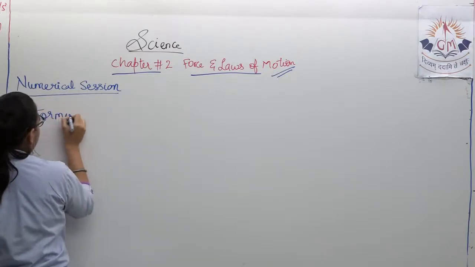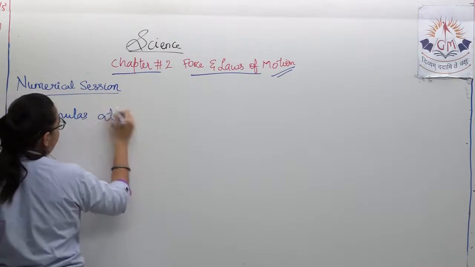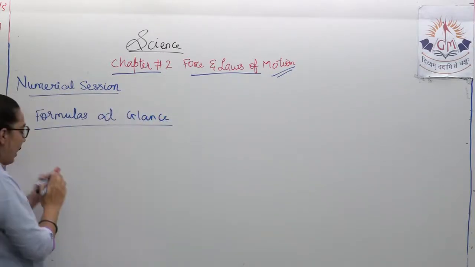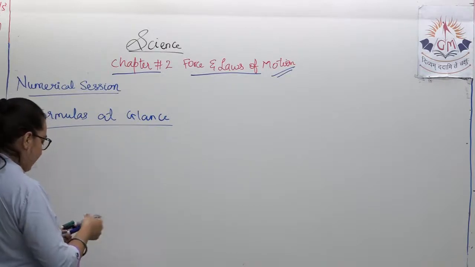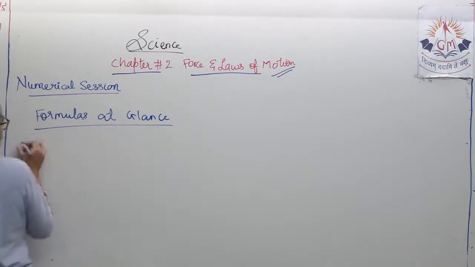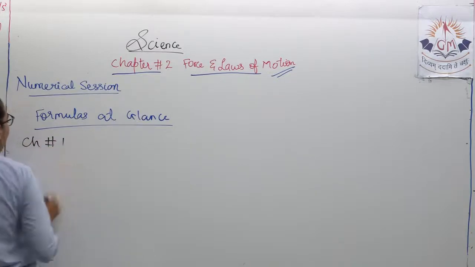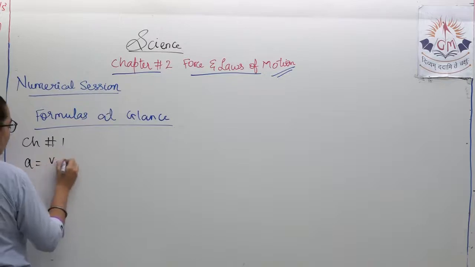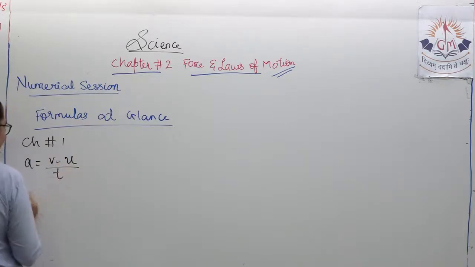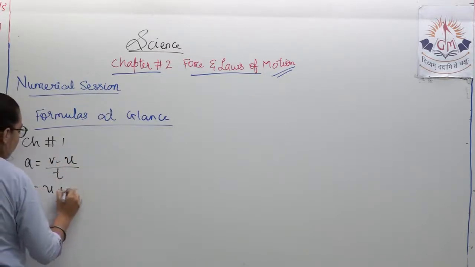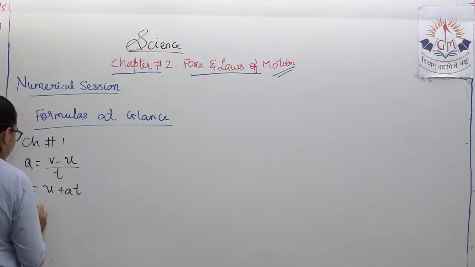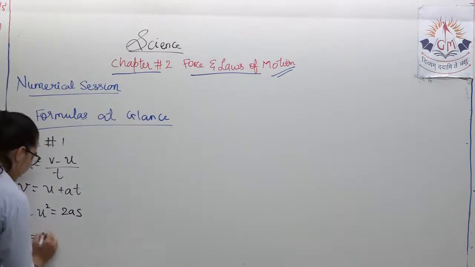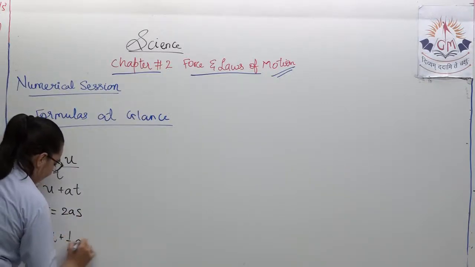The formulas at a glance. Which are the formulas that we have already used in chapter 1? We have used the basic formula a = (v - u)/t, v = u + at, v² - u² = 2as, s = ut + ½at².